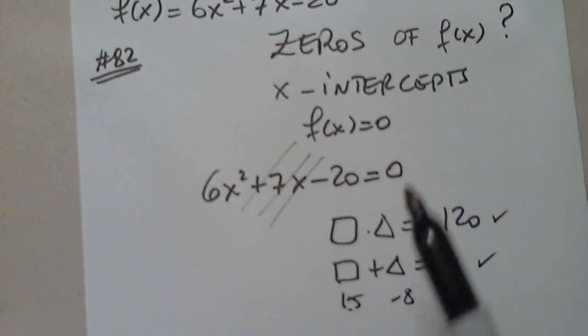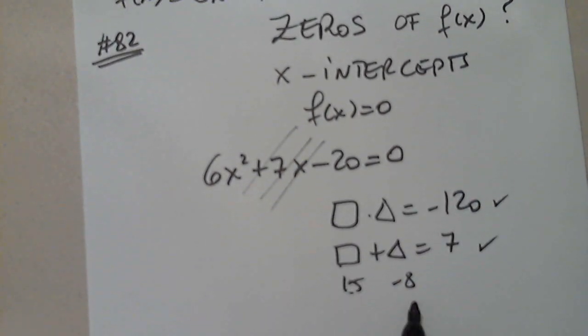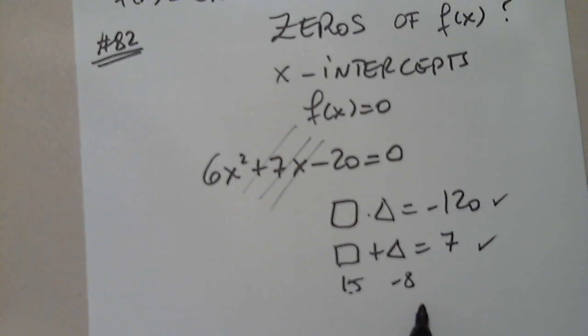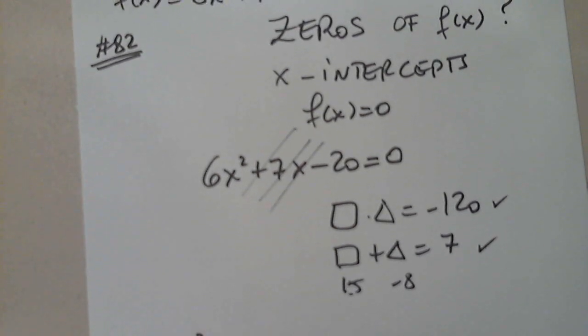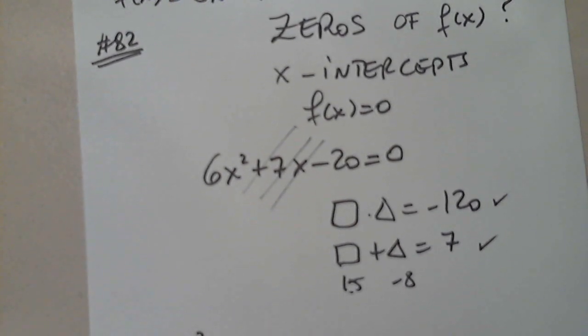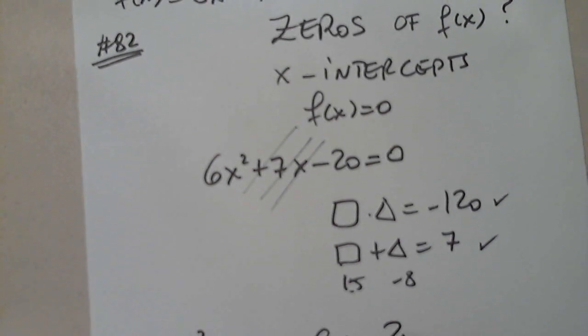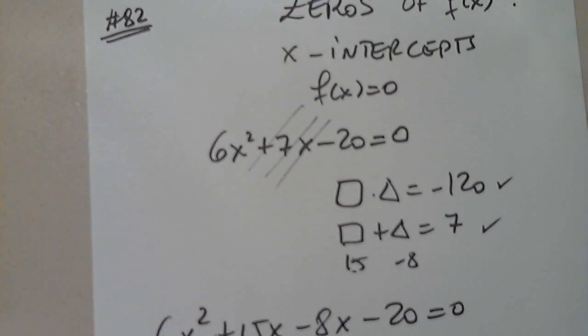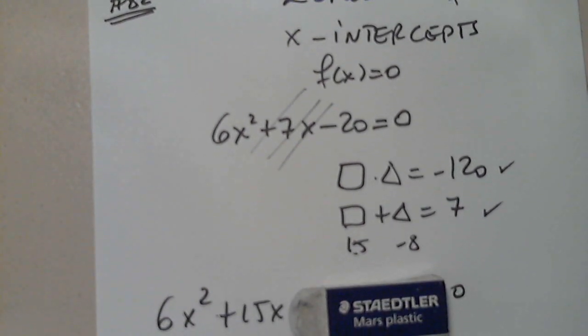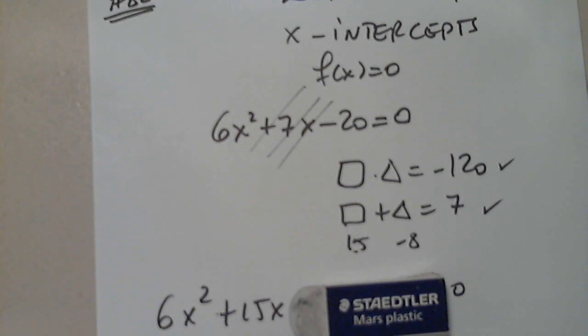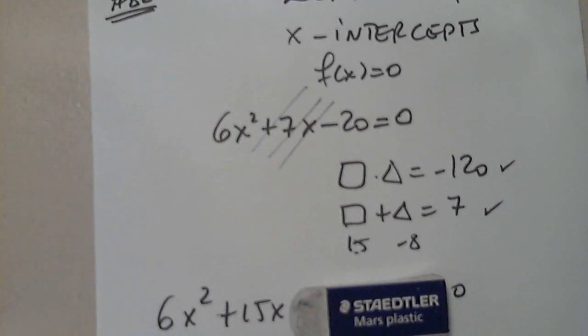We will replace the 7x by 15x minus 8x. So 6x squared plus 15x minus 8x minus 20 equals 0. We factor out, as you did very well, 3x here, and I have 2x plus 5. And if I don't get the 2x plus 5 from the other two, I'm in big trouble.